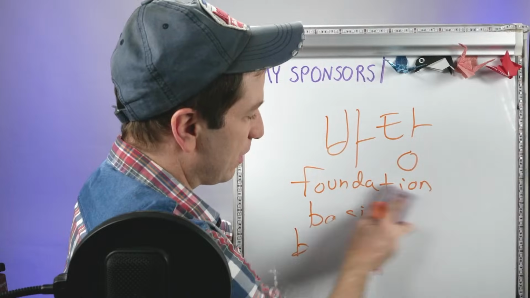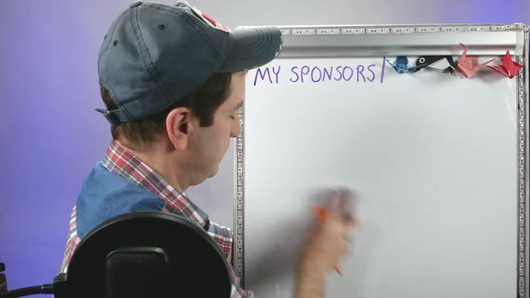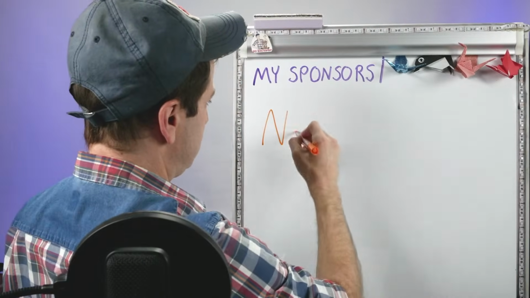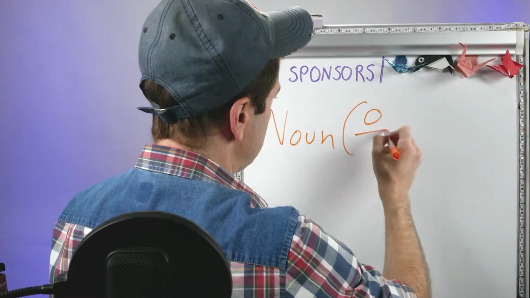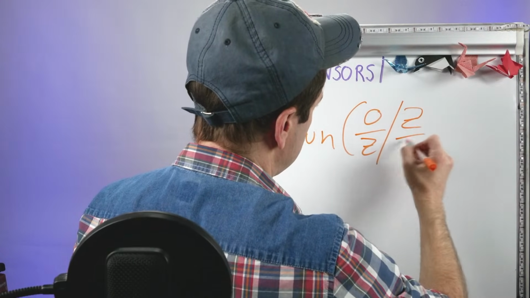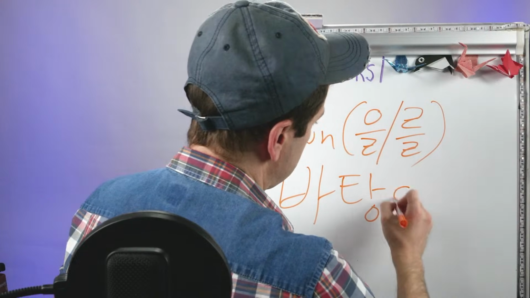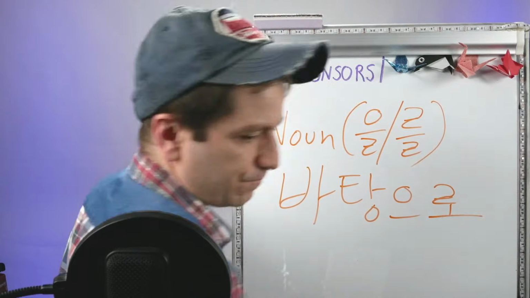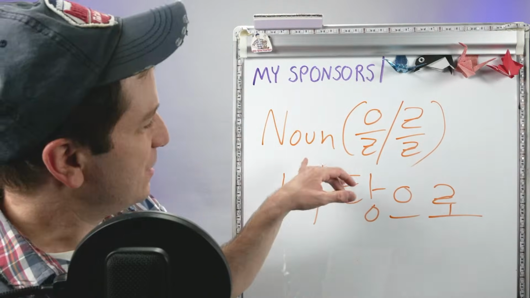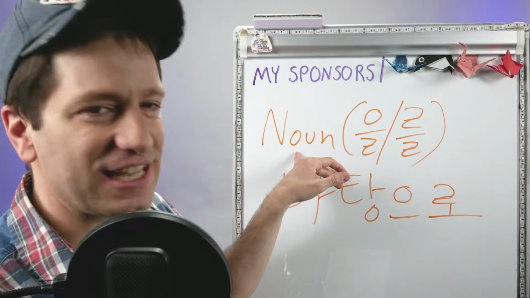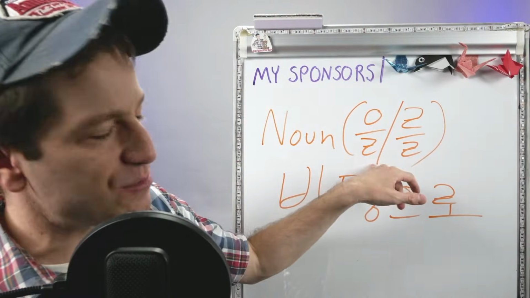So let me show you how it works. You take a noun, whatever something is based on, and you attach the object marker to it.